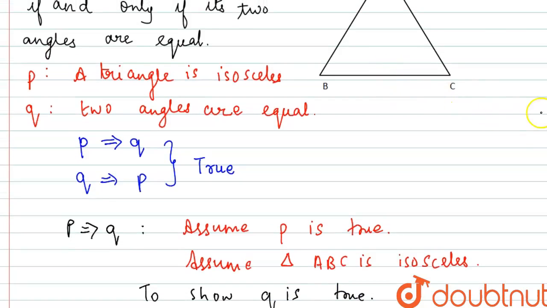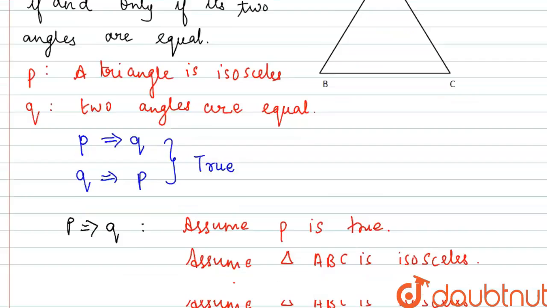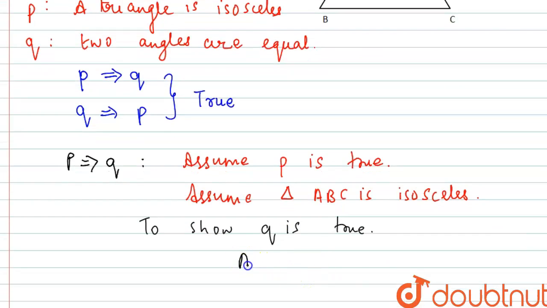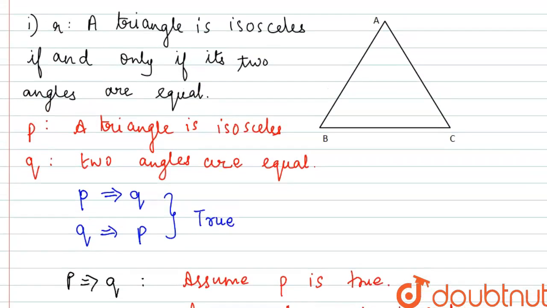So if triangle ABC is isosceles, we know that two sides of an isosceles triangle are equal. So thus we can write AB is equal to AC, since it is isosceles triangle. And we know that angles opposite to equal sides are equal.